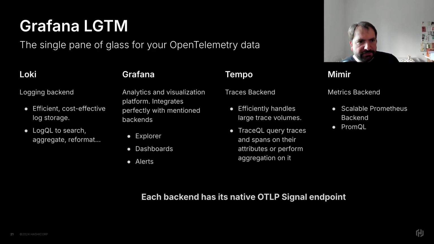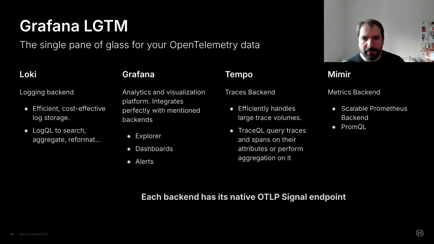I said Loki is for logs. Grafana is the visualization platform for exploring and creating dashboards and creating alerts. Tempo is the backend for traces, and Mimir is the backend for metrics. Mimir here is also a so-called scalable Prometheus backend, which comes with the regular PromQL interface.